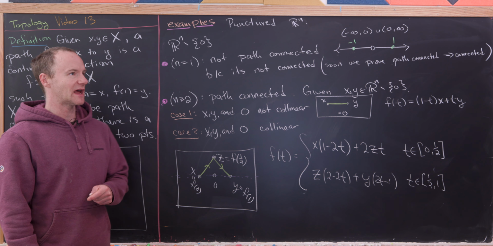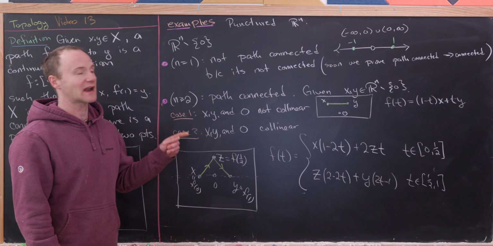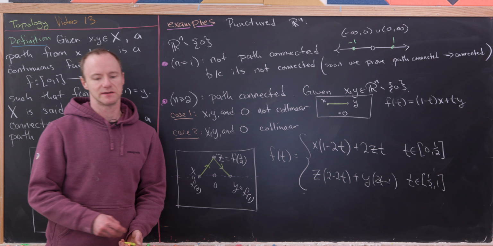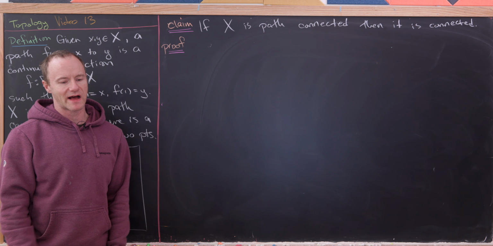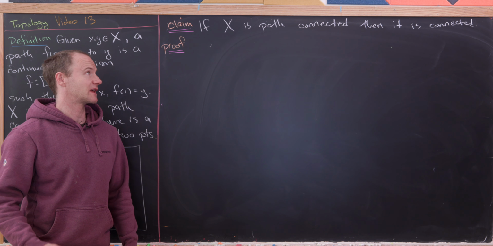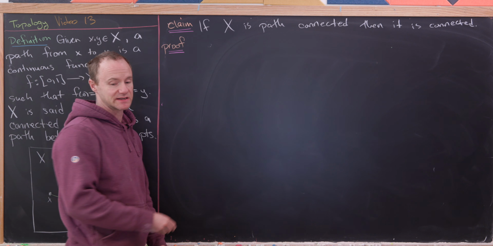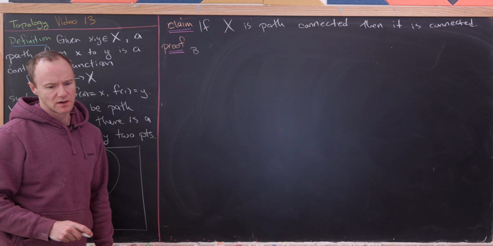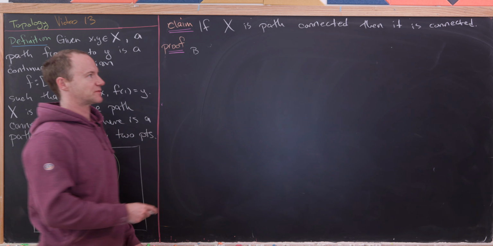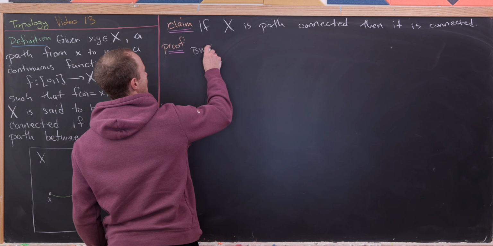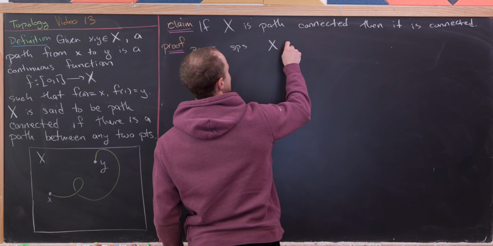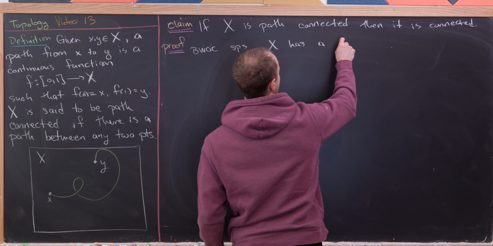Okay, so that's good. Now let's prove that result that I alluded to earlier, that path connected implies connected. So now we're going to prove, like I said, that classic result, that if X is path connected, then X is connected. We're going to do this by way of contradiction, or I guess maybe it's also kind of by the contrapositive, but any way you want to look at it, by way of contradiction, let's suppose that X has a separation.